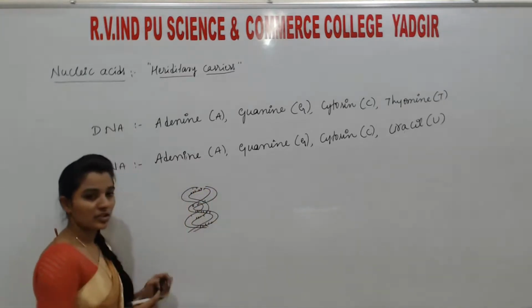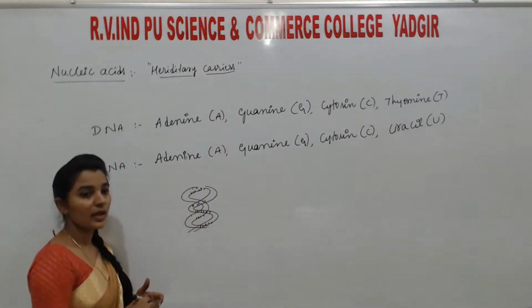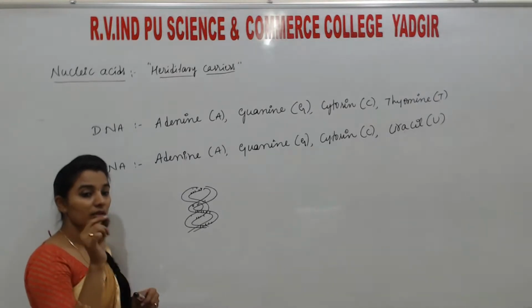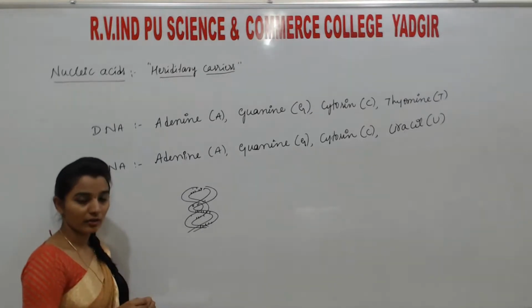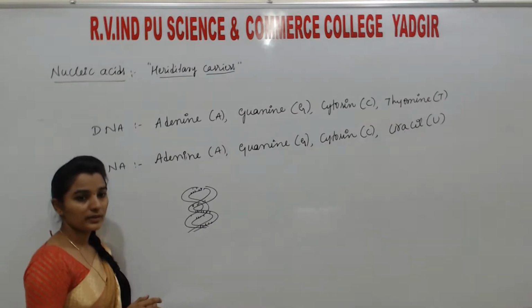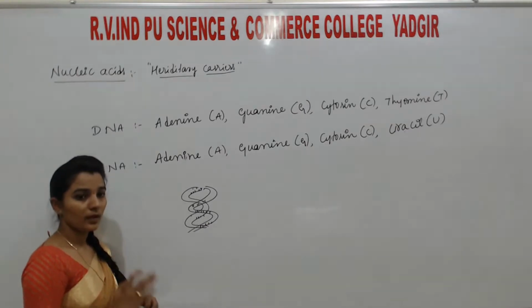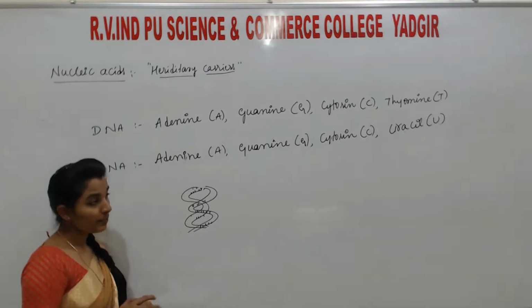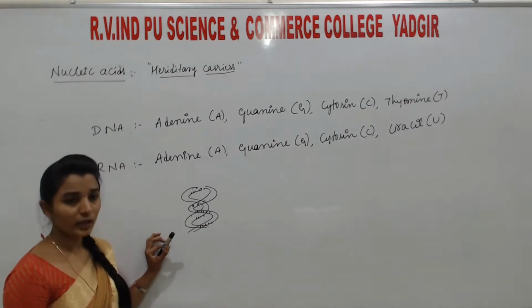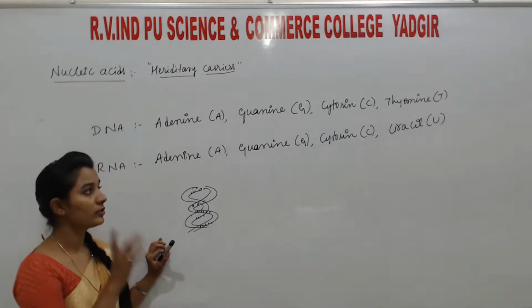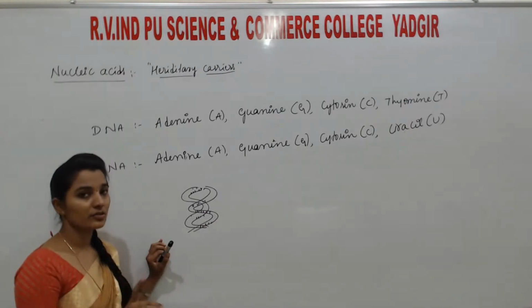The difference in the arrangement of these nitrogen bases decides the hereditary character of human beings or living organisms. Okay, this is all about the revision class of biomolecules. This completes the revision class of biomolecules.